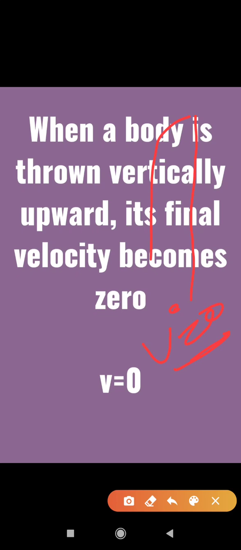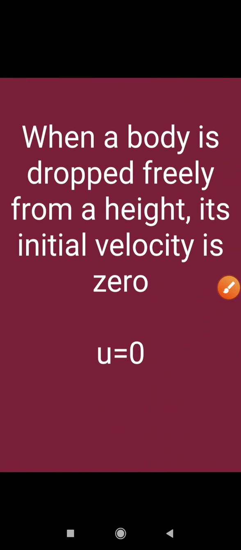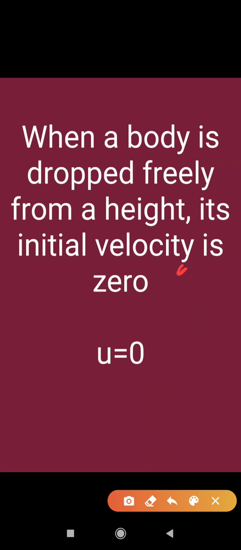It will not come down until v is 0. And u will be 0 when a person is just dropping a body, or a body is dropped freely, because the body starts from rest.